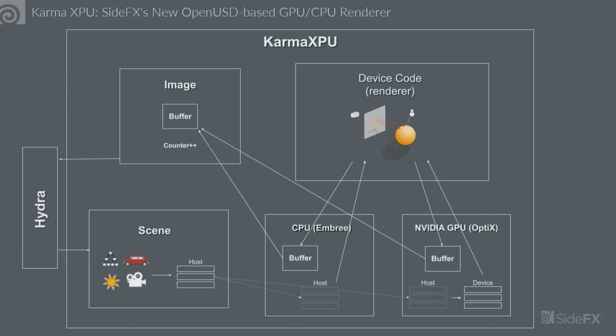Here's a diagram showing the overall architecture of Karma XPU. Scene data comes in from USD through Hydra, shown on the left. Karma XPU then converts the scene data to a form suitable for the device rendering code to consume. The CPU device is able to start rendering immediately by reading the data directly from host memory. The GPU device must first copy the data from host memory to its own device memory before rendering.